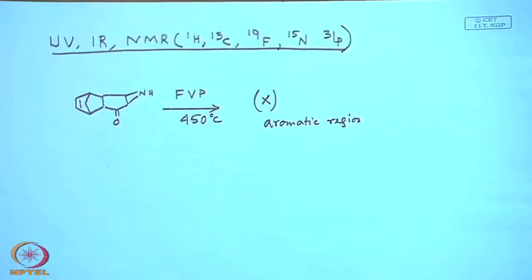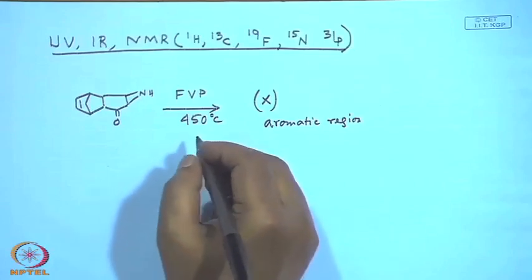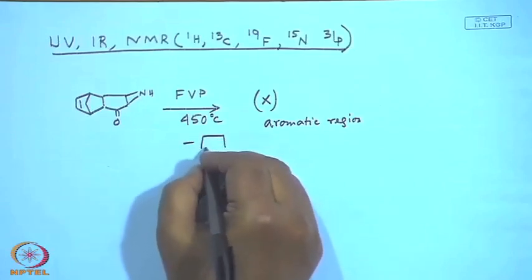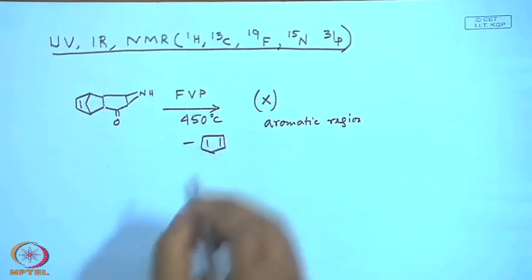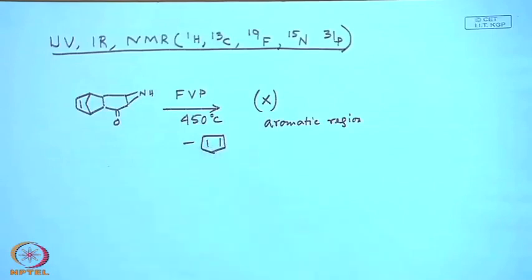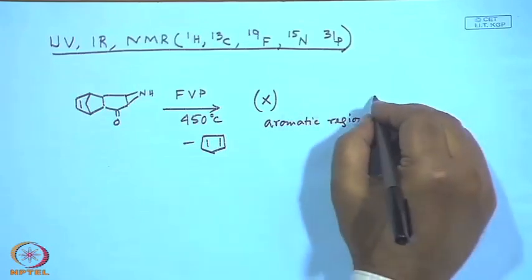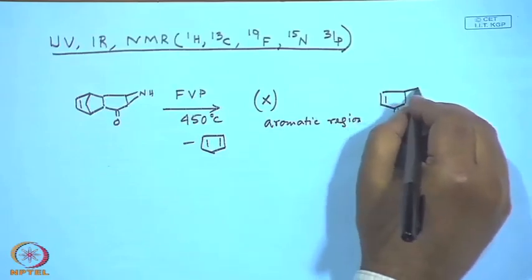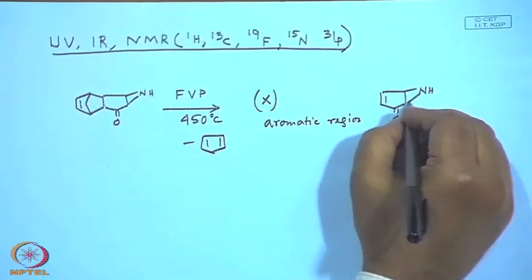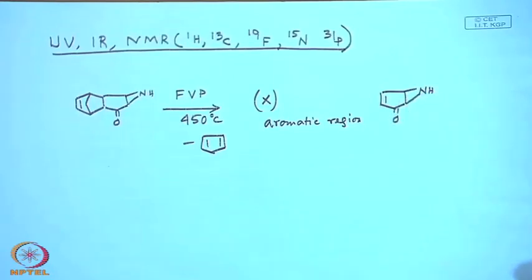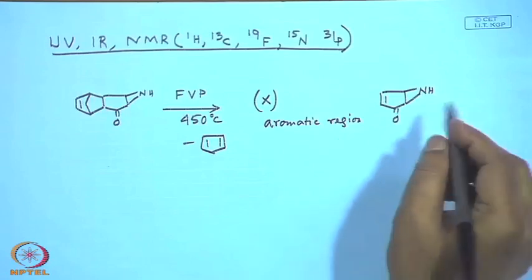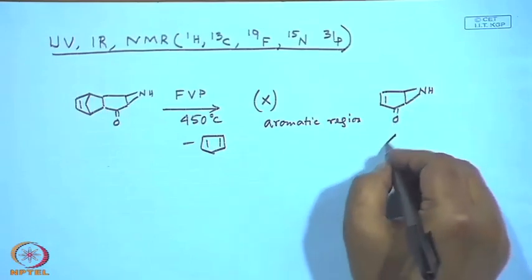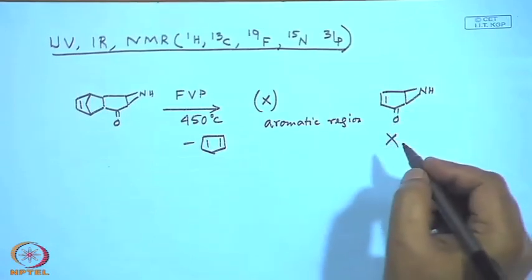One thing I can tell you is that flash vacuum pyrolysis excludes cyclopentadiene, a reverse Diels-Alder reaction. So one would expect the product to have been cyclopentinoaziridine. But unfortunately, the product was not this one, because it is aliphatic.